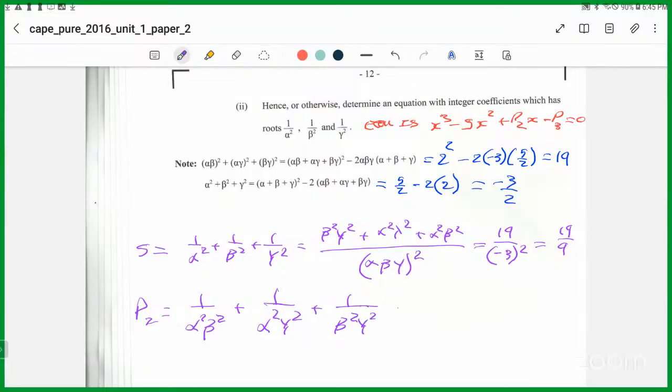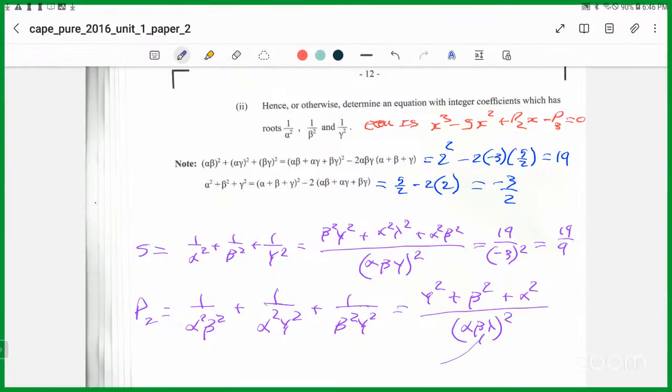To make this into one fraction, multiply this one by lambda squared over lambda squared, multiply this one by beta squared over beta squared, multiply this one by alpha squared over alpha squared. So you're going to get lambda squared up here, plus beta squared up here, plus alpha squared up here, over the denominator which is going to become alpha beta lambda all squared again.